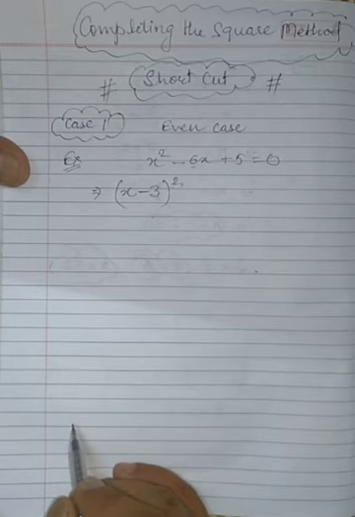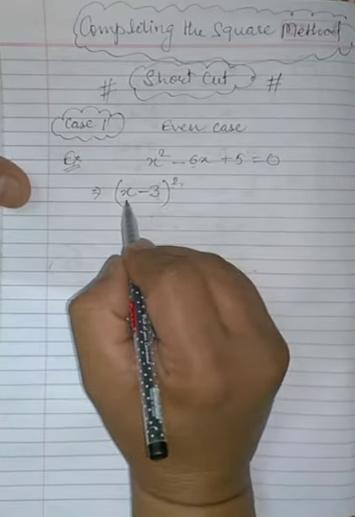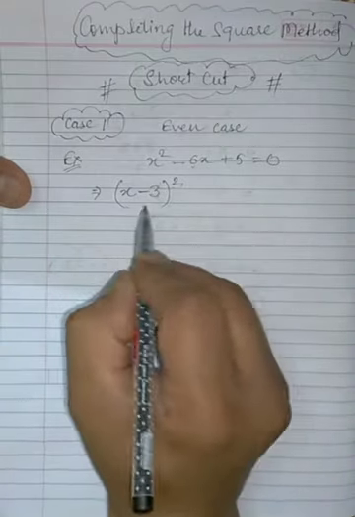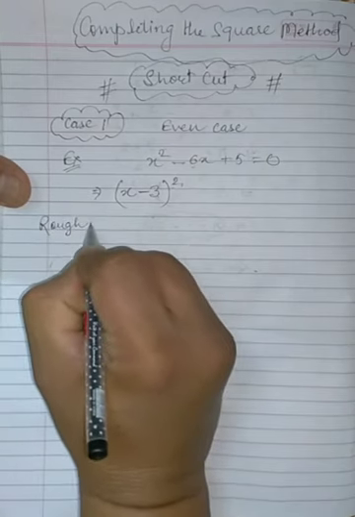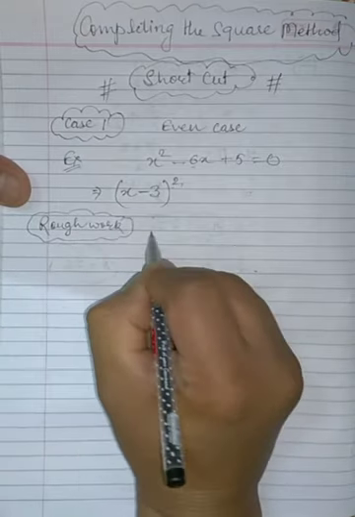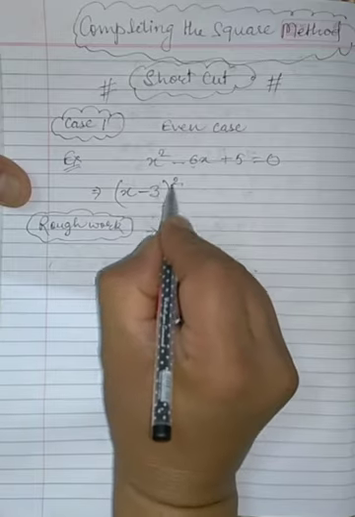Okay, now when you expand this, we will not show it in our solution, but to check, we will do it in rough work. And what is this rough work? We will expand this by using a minus b the whole square.